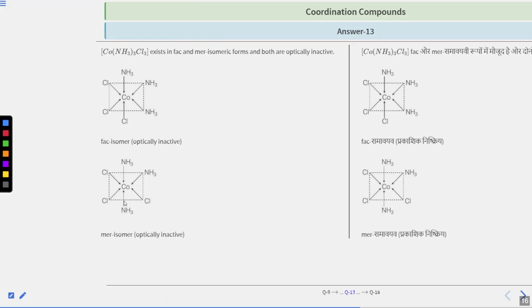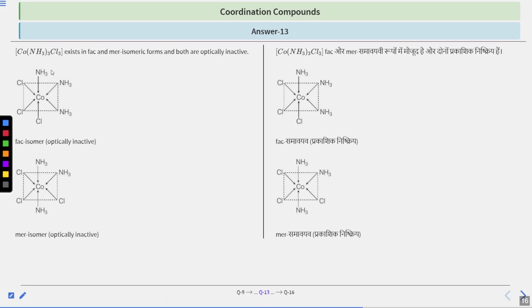And now if you see the third one, [Co(NH3)3Cl3], it exists in FAC and MER isomeric forms, and both are optically inactive. So this is the FAC isomer, which is optically inactive, due to the presence of symmetry.